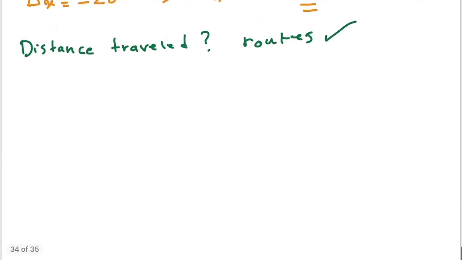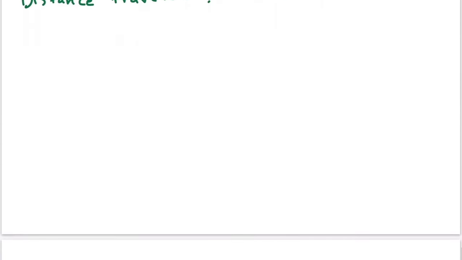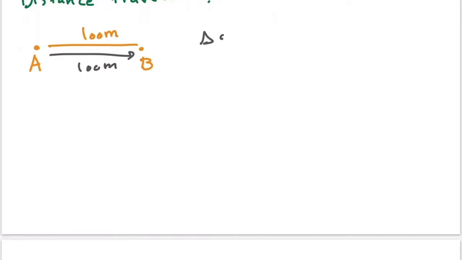Let's go back to the previous example. So this was A, this was B, and this was 100 meters. We saw that if I go straight from A to B, the displacement is 100 meters and distance traveled is 100 meters.